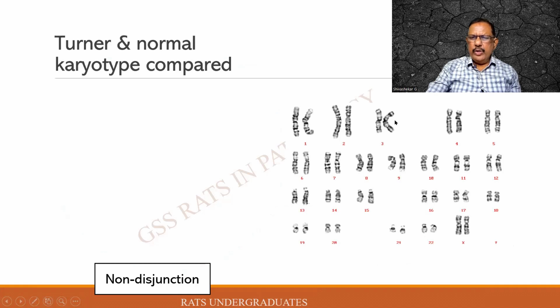This is a karyotype. Karyotype means you arrest the cell division at one particular stage and the chromosomes are getting separated. Then they are arranged numerically. Each one has a nomenclature and then finally this is pictured.